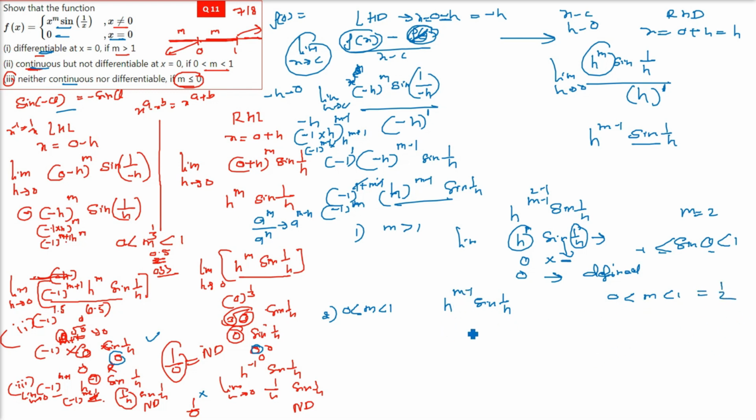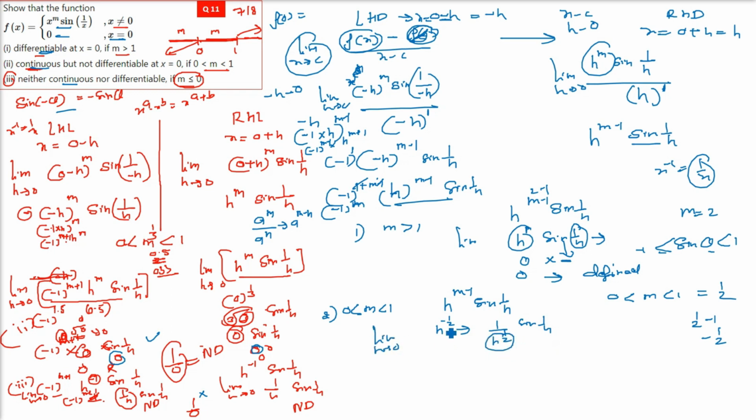When you put h raised to the power m, m is half, half minus 1 is minus half. h to the power minus half is what? It is under root, but in the denominator. x to the power minus 1 is 1 by x, so h raised to the power minus half is 1 by h to the power half. This is 1 by h to the power half sine 1 by h. So when you apply the limit, h is going to be 0.